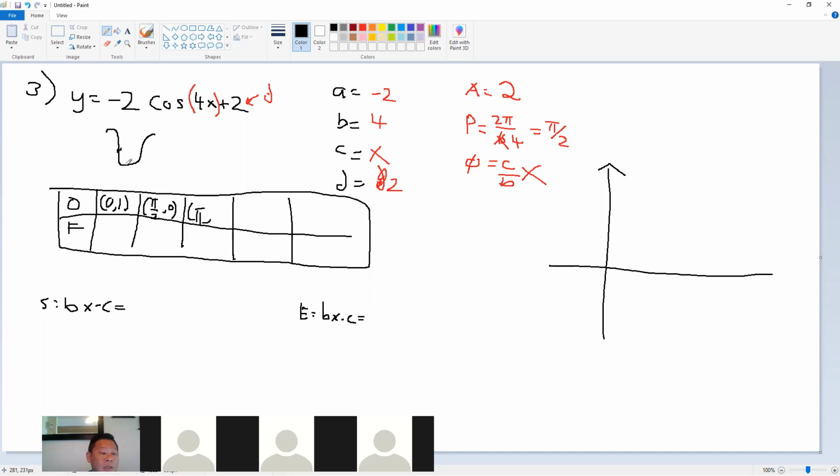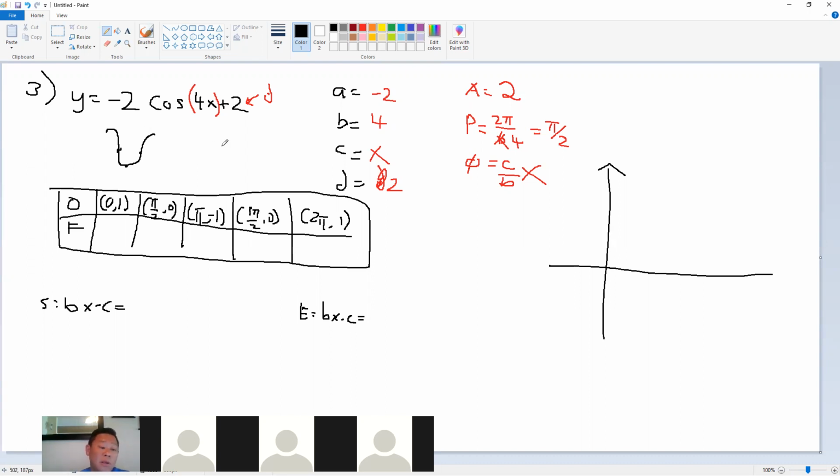The next one is down here, which is pi, -1. The next one is 3 pi over 2 and 0. And the last one is up here, which is 2 pi, 1. So this is your original 5-point cosine graph.